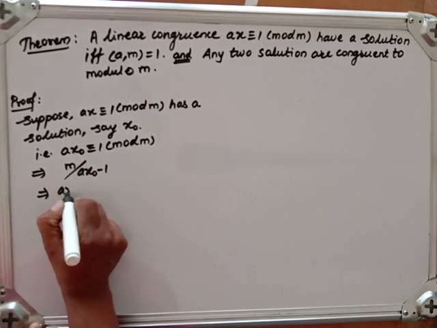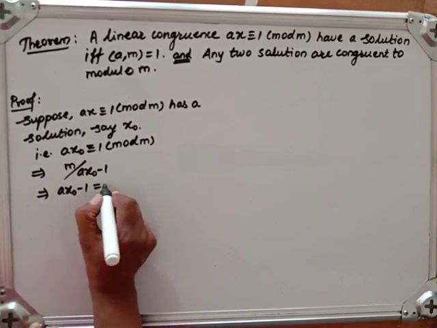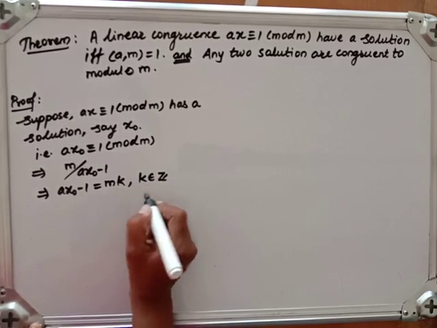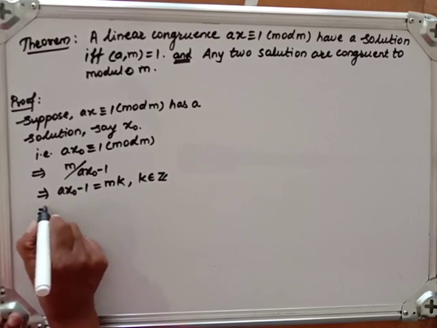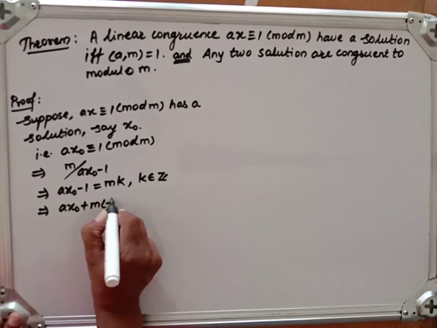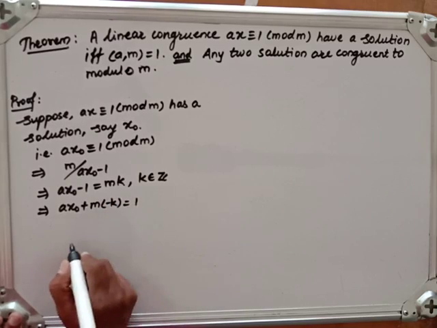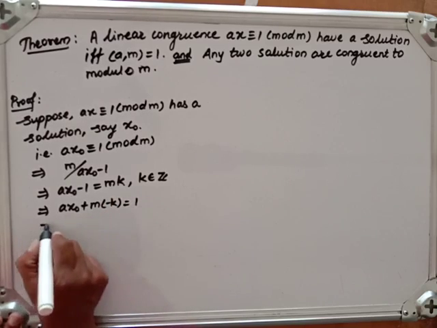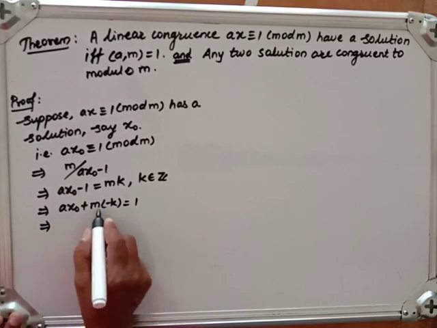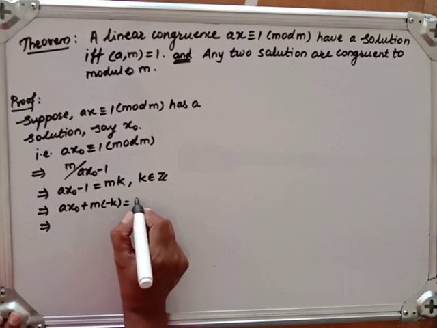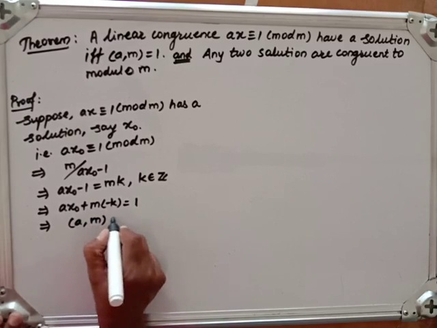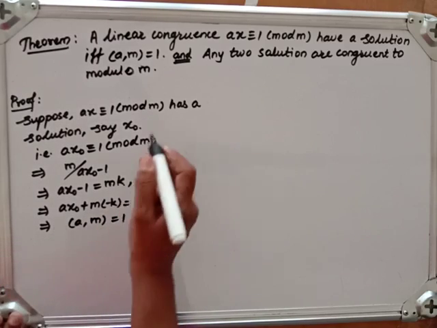That is the same as A x naught minus 1 is equal to m into k, where k is an integer. This is the same as A x naught plus m into minus k is equal to 1. So it is a linear combination of A and m equal to 1, which gives the GCD of A and m is 1. Now we have proved the direct part.